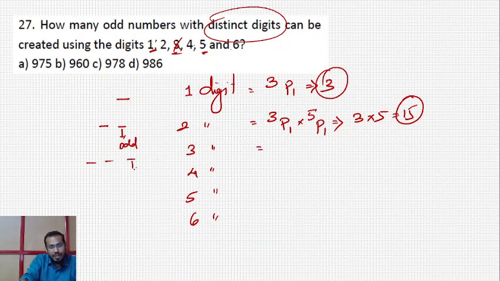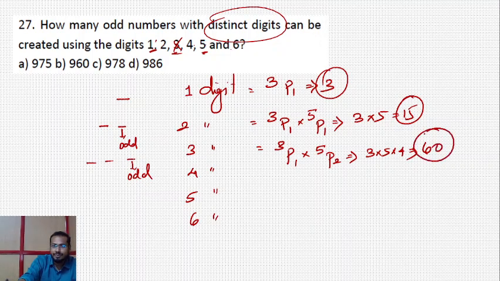The last place should be an odd number, so out of 3, one number will be put here. Overall there are 6 numbers. One number was placed, so remaining 5 digits are there. We had 2 places, so 3 into 5 into 4, that is 60.